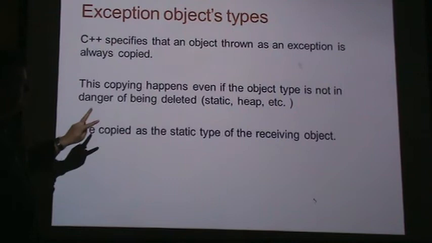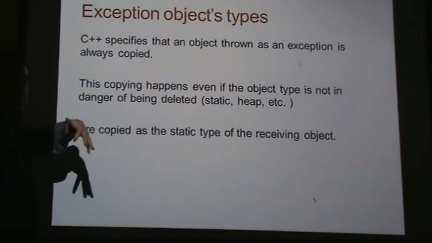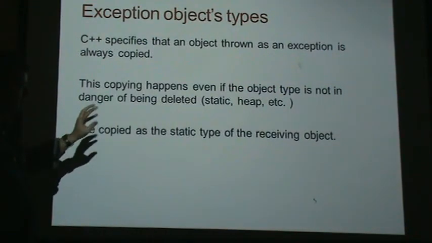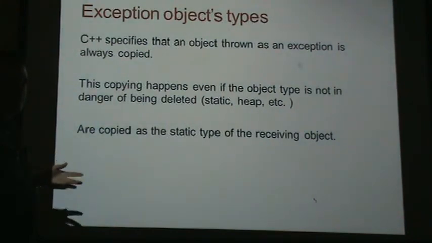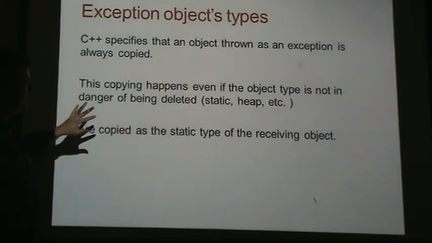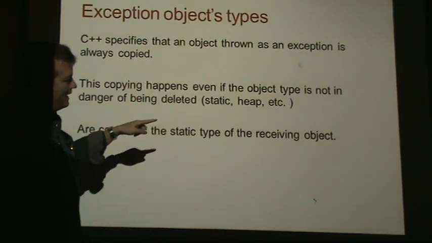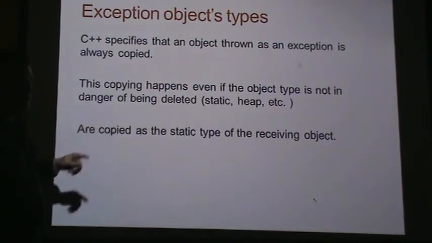You know how sometimes if you're passing an object as a parameter in a function, the object will go out of scope as soon as it's called, and the receiver will receive nothing. To avoid that from happening, there's a rule that says whenever an exception object is thrown, when the exception handler begins processing, it makes a copy of the object.